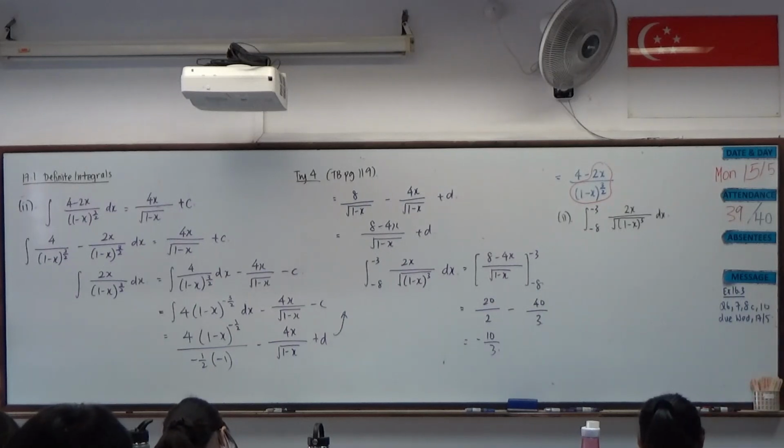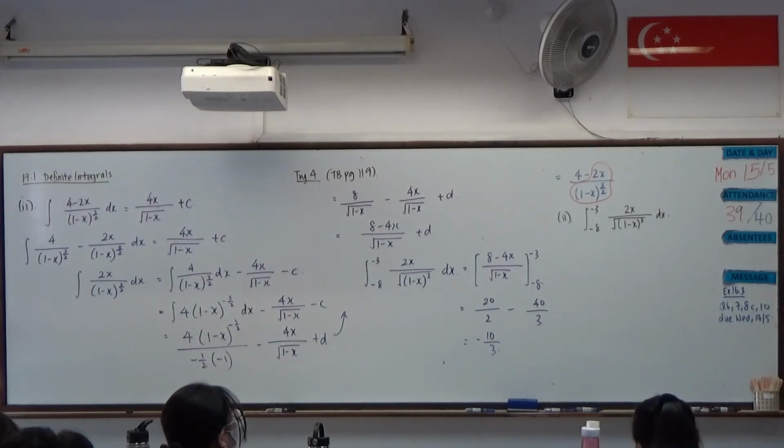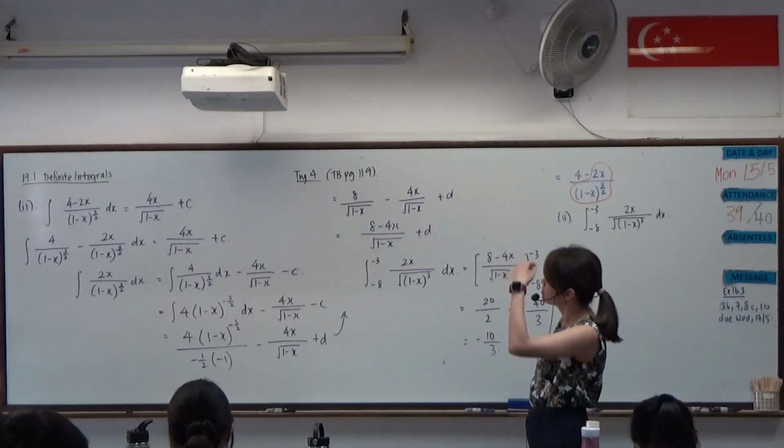If I do another method, I also get negative 10/3 though. Right, I made a mistake anywhere.